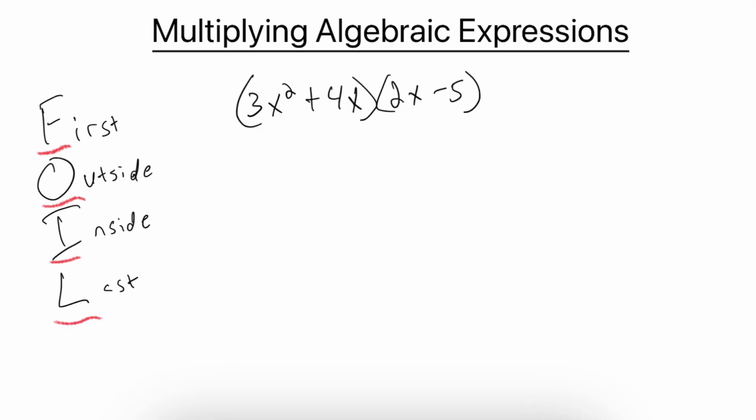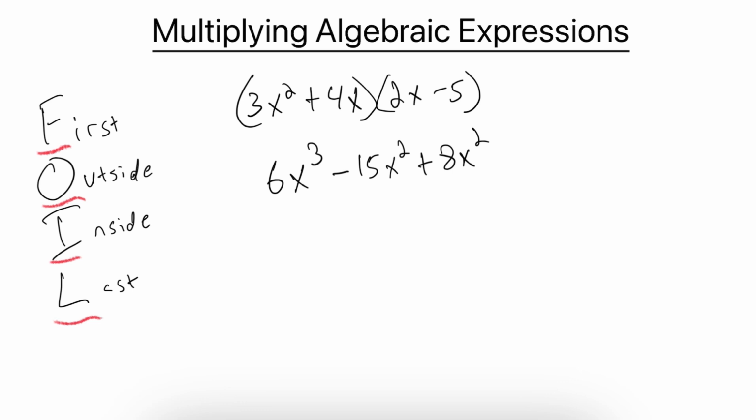Next we have 3x squared plus 4x times 2x minus 5. So we'll do first, outside, inside, last again. So 3x squared times 2x is 6x cubed. 3x squared times 5 is negative 15x squared. 4x times 2x is positive 8x squared.